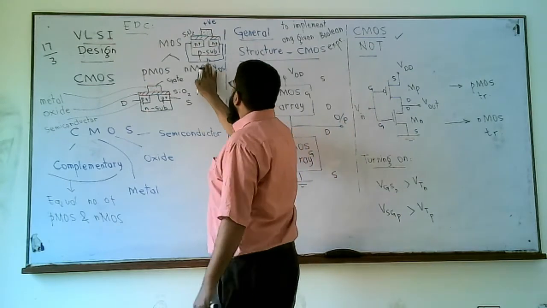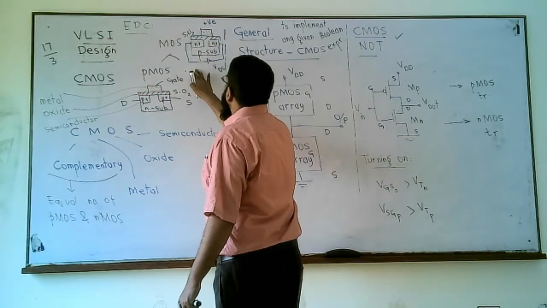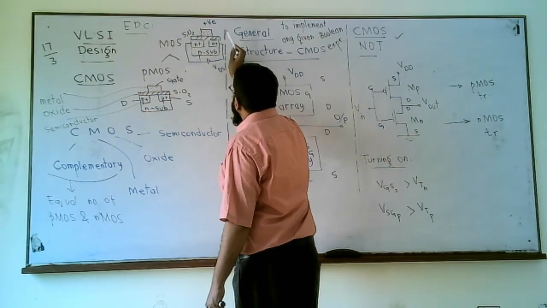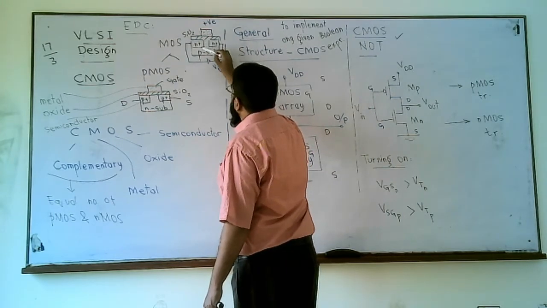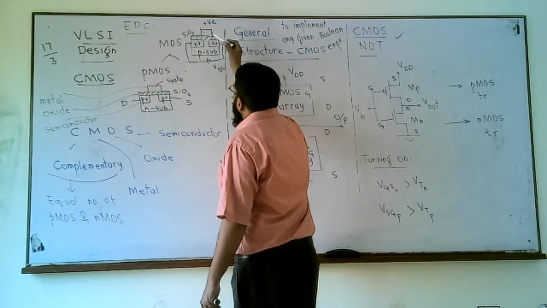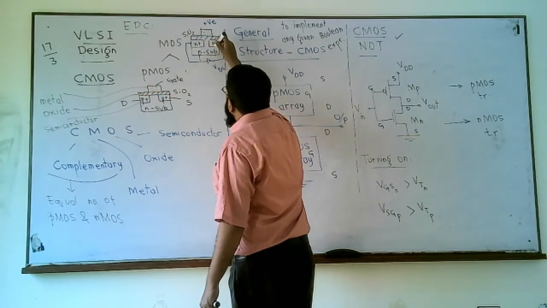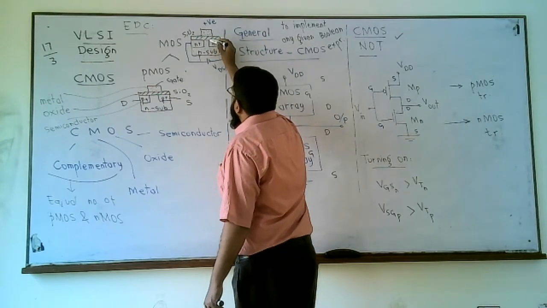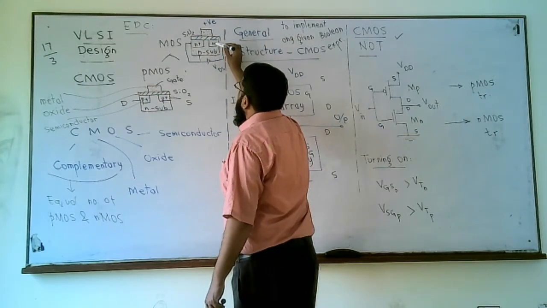But since we have one forward biased and one reverse biased terminal, there can be, although there are minority carrier electrons in this P substrate, but they are not enough in this channel to set up a current flow.